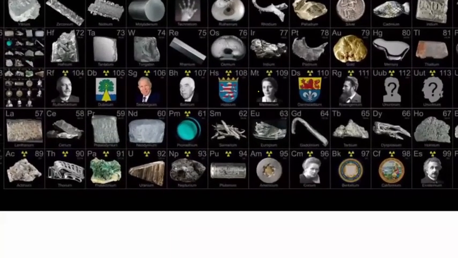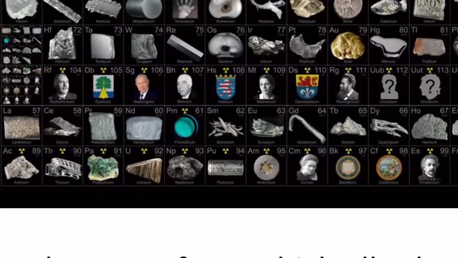Now, whenever we start seeing shields or images of people, that's not how the element looks. This is just the people that inspired the name for that element. Because at some point these elements were created in the laboratory.